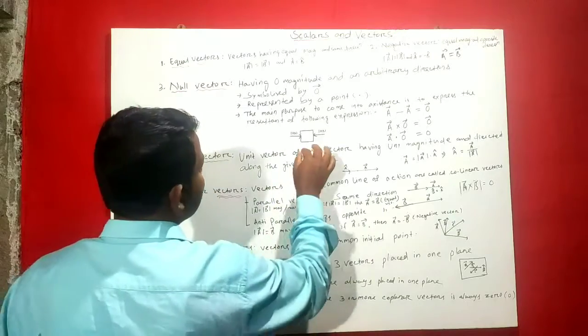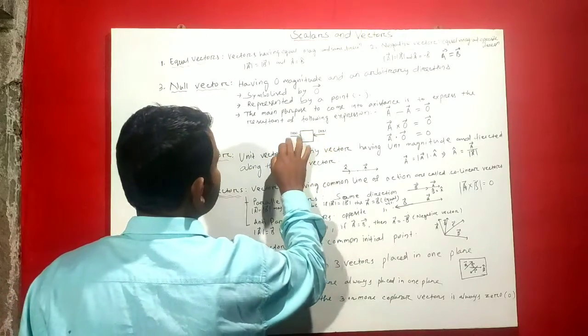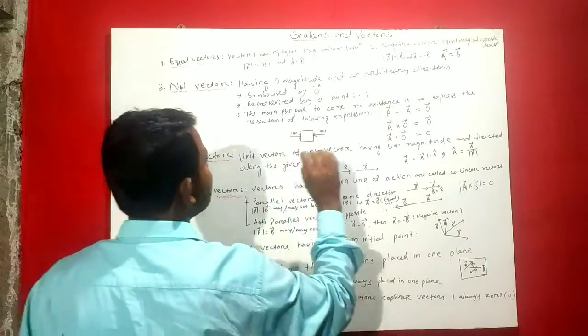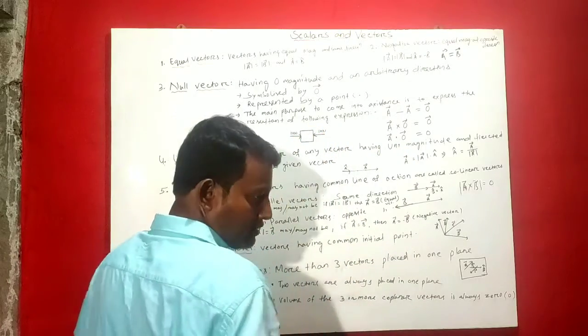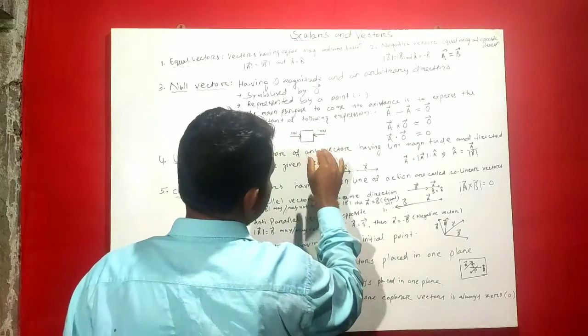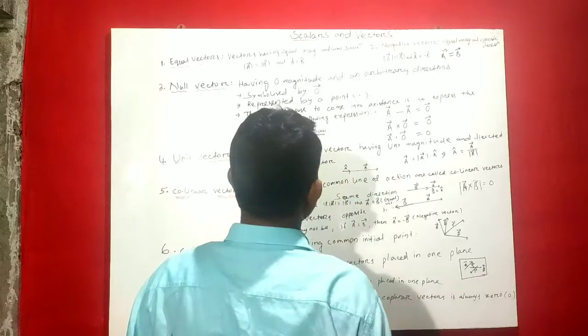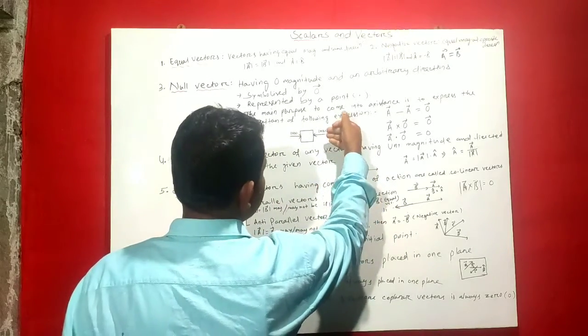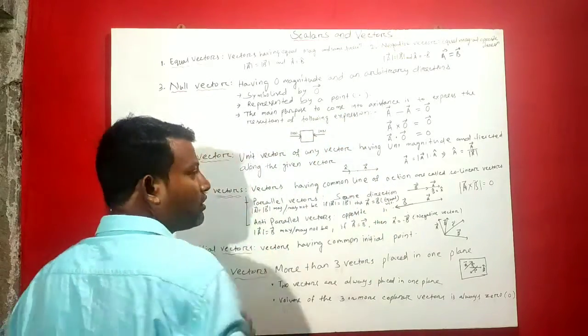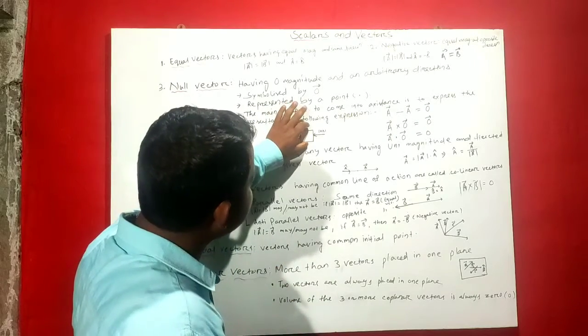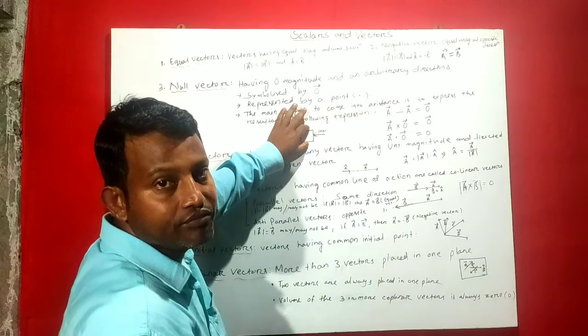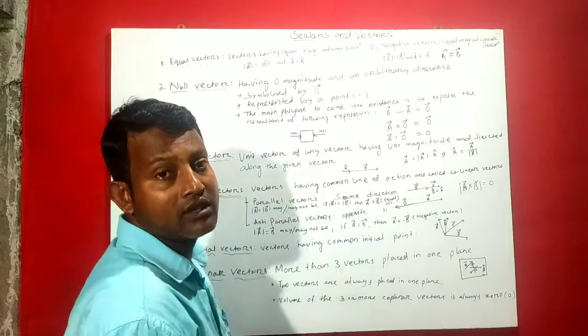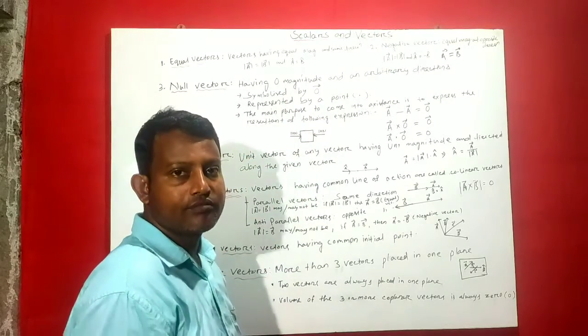Let's take an example. We apply 10 Newton force along east and 10 Newton force along west simultaneously on a body. Then what will be the resultant?